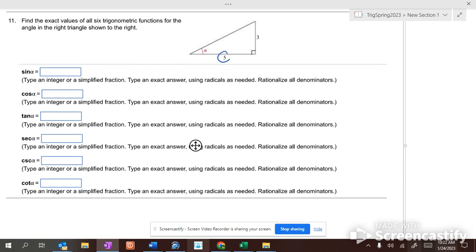But notice, they only give me 2 sides of the right triangle. How do I find the third side? Pythagorean theorem. C squared equals 9 plus 25. C squared equals 34, so C equals the square root of 34. The sine of alpha is opposite over hypotenuse, 3 over square root of 34.